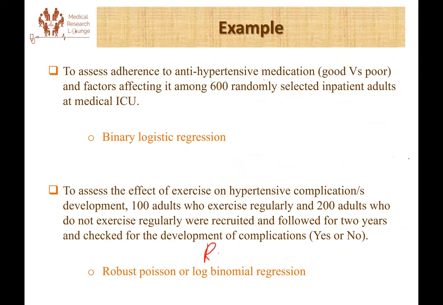That's why we use Robust Poisson or log binomial regression models. So we use the Robust Poisson regression model when our outcome is not rare. That means when it's above 20%, let's say the proportion of complication among the study population, if it is above 20%, we can use the Robust Poisson regression model. But when it's less than 20%, we can use the log binomial regression model. It's more efficient.